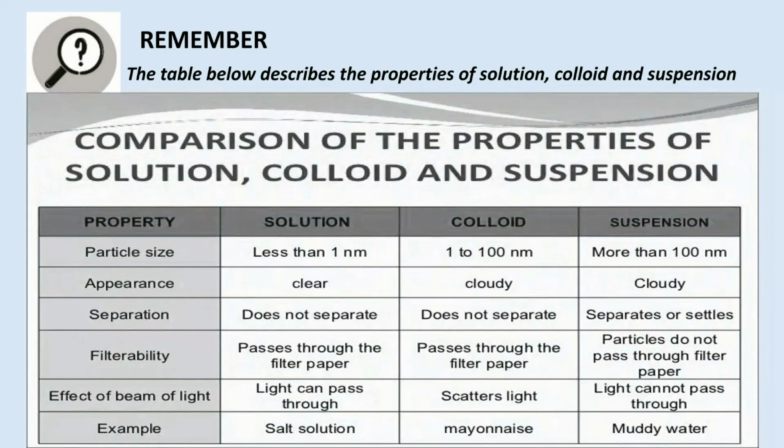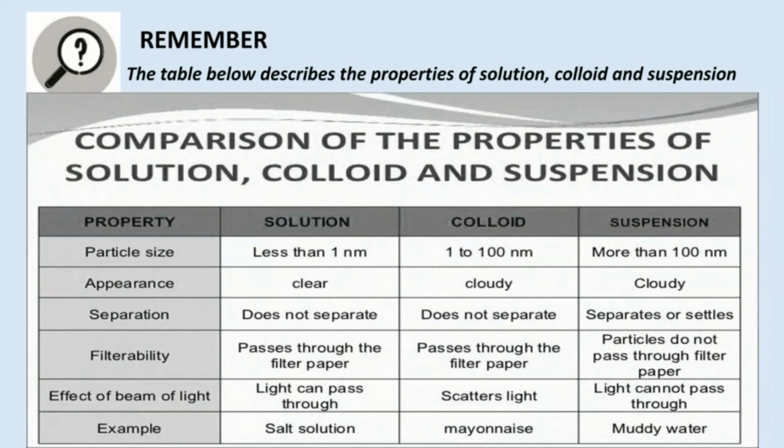And for the separation, solution does not separate, and colloid does not separate too, it settles rather. And for filterability, the solution passes through the filter paper, and the colloid passes through the filter paper also. And for the suspension, particles do not pass through filter paper.